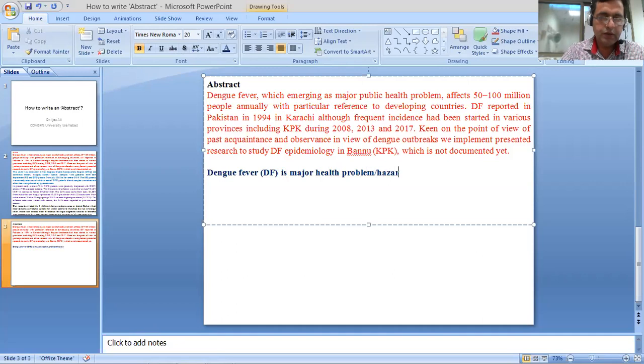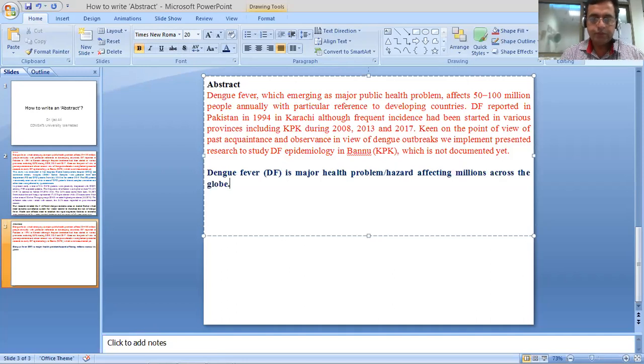Or you can write that it is affecting millions across the globe. The message that I want to give to people is very clear from this sentence: dengue fever is a serious problem affecting millions of people across the globe.